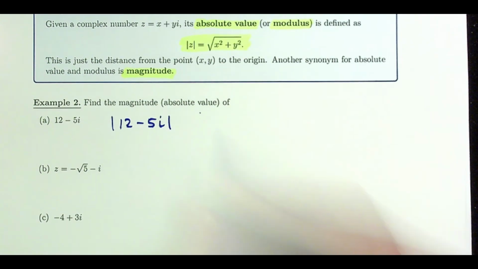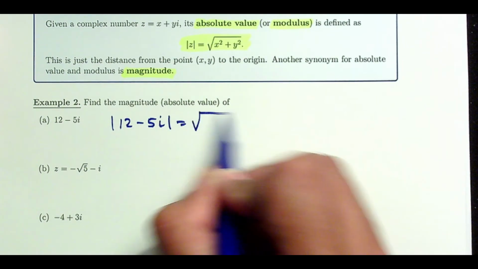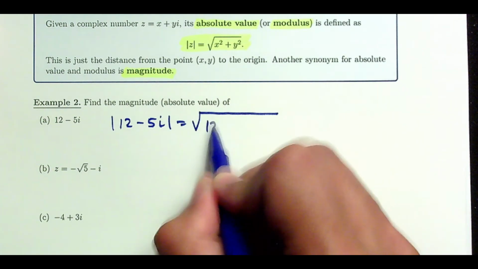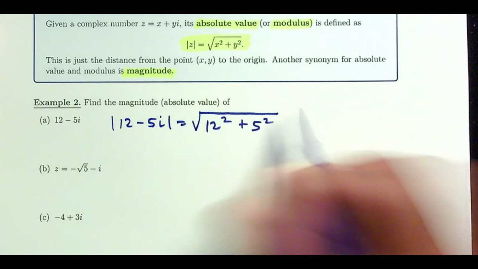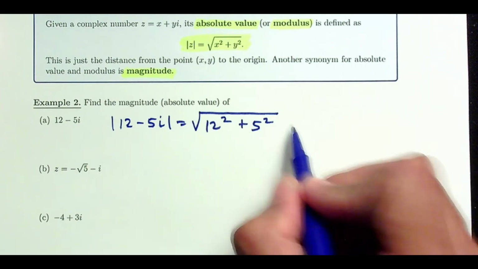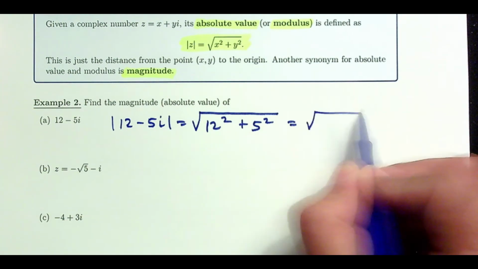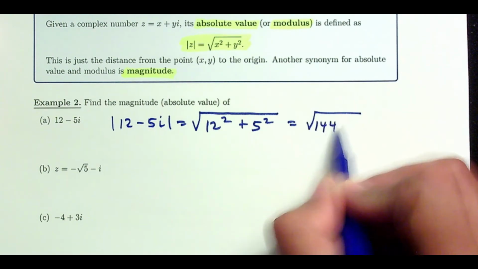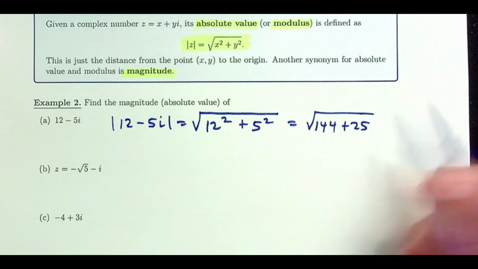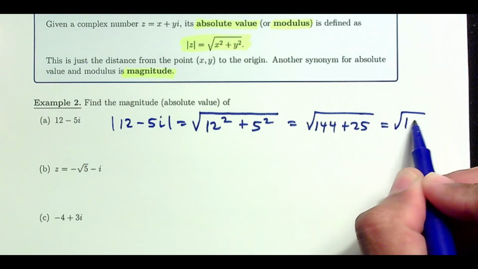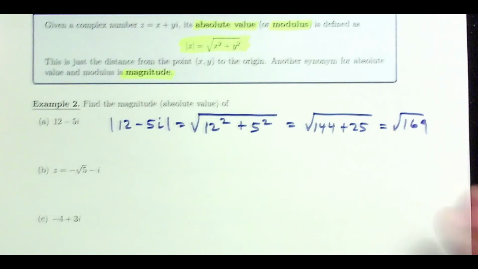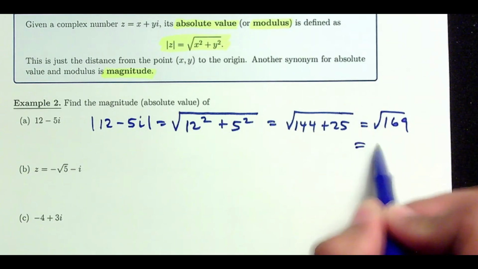The magnitude, the absolute value. Well, that is, according to the formula, the square root of 12 squared plus 5 squared. And then we simplify this. This is 144 plus 25. This is the square root of 169. And the square root of 169 is 13.